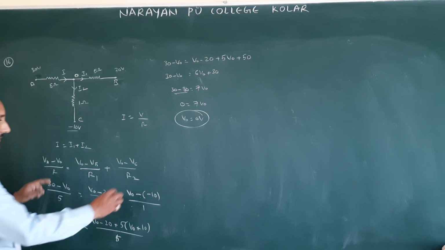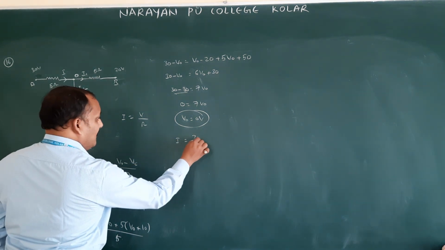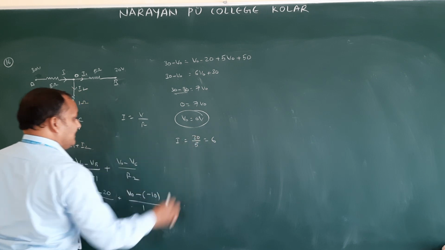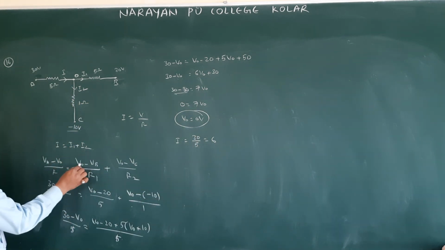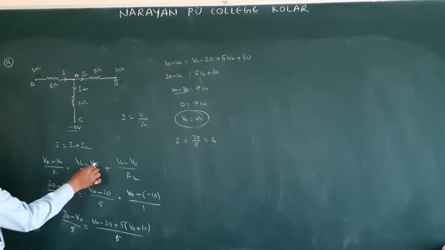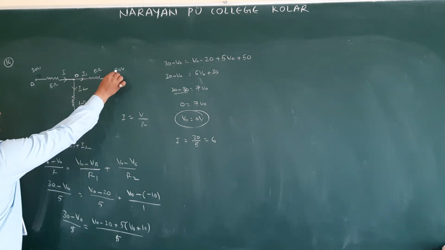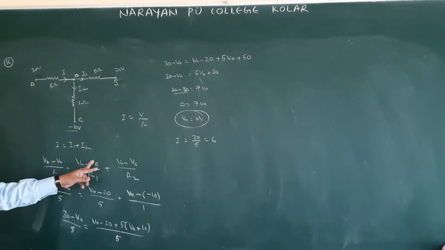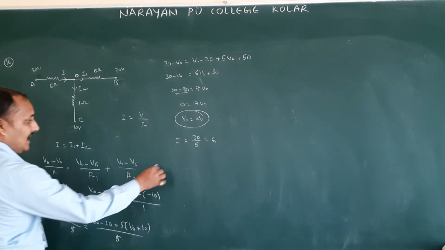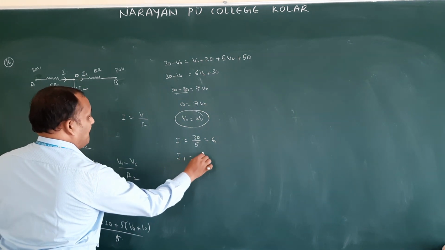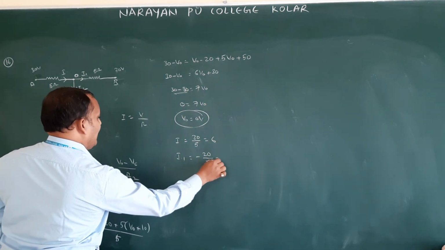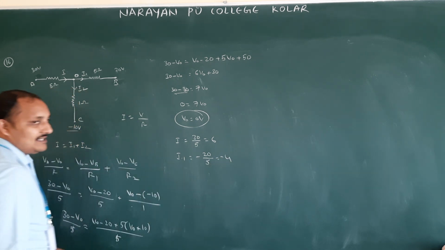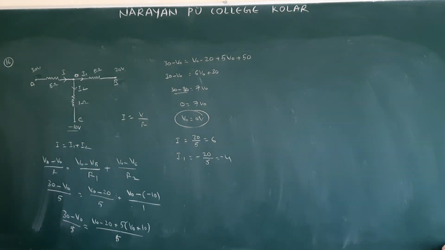Therefore 30 by 5, I is equal to 6 amperes. Next I1 value, so 0 minus VB by R, how much? Minus 20 by 5. I1 is equal to minus 20 by 5. That minus is giving only direction, you don't need to worry about minus.